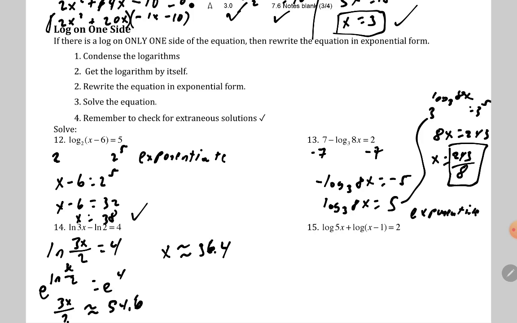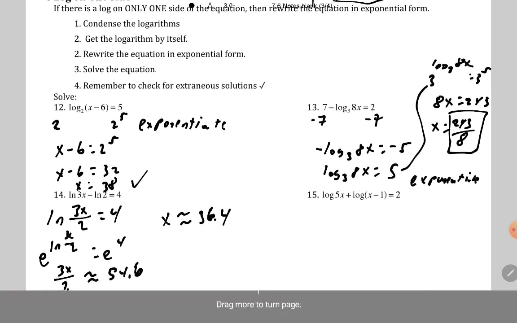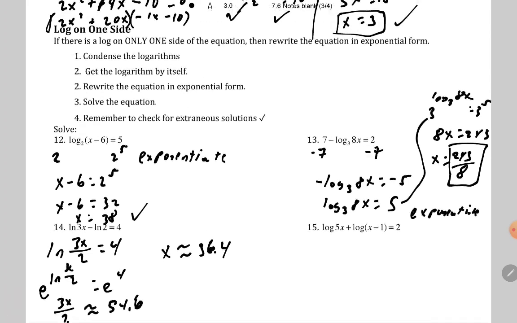And basically, when we're checking these, we just got to make sure that either it matches up or we have a positive value in our log or natural log, because we cannot take log or natural log of negative numbers, like square roots.